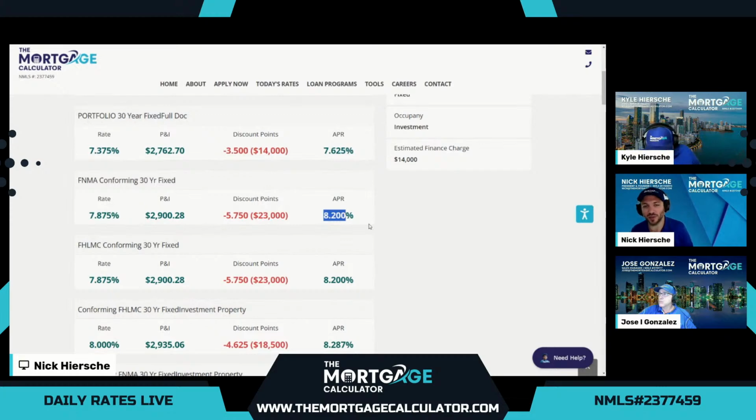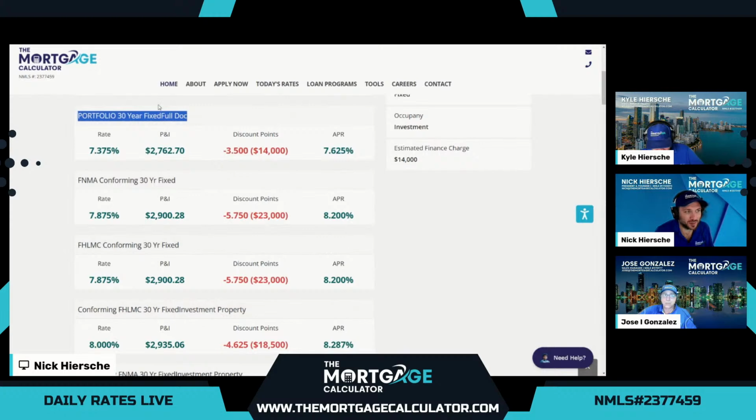So conventional, a little bit crazy right now with the adjustments. Definitely would have to probably get a little bit of seller credits maybe to offset these high discount points costs. So definitely recommend to check out the portfolio options as the conventional rates are going a little bit volatile.